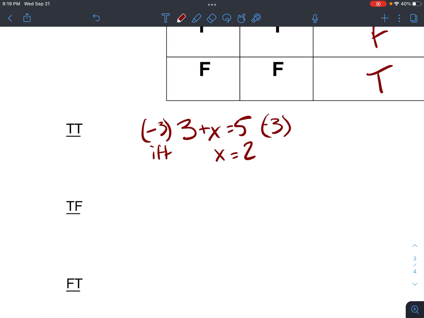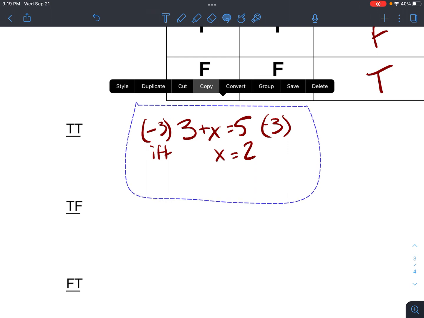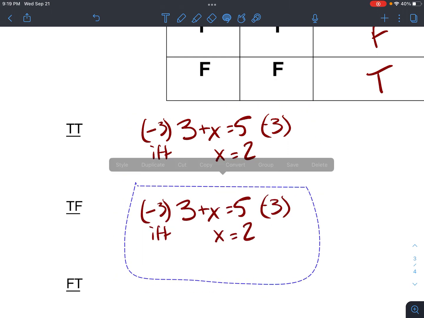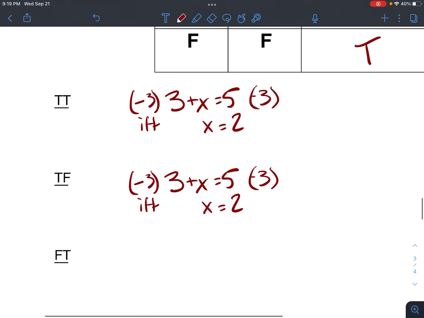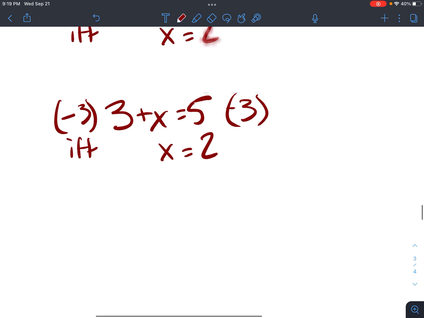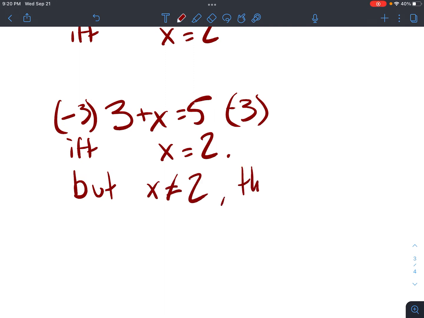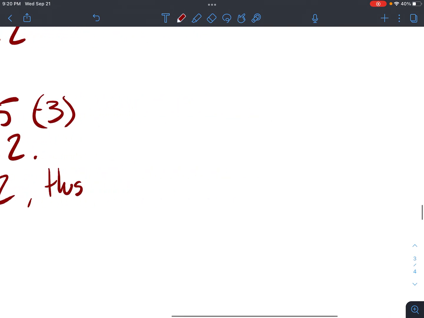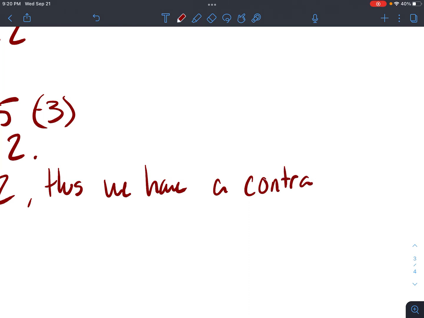So if I create this same exact string of biconditionals with the if and only if, but I'm saying that x is not equal to 2, we come to the same conclusion, but x is not equal to 2, thus we have a contradiction.